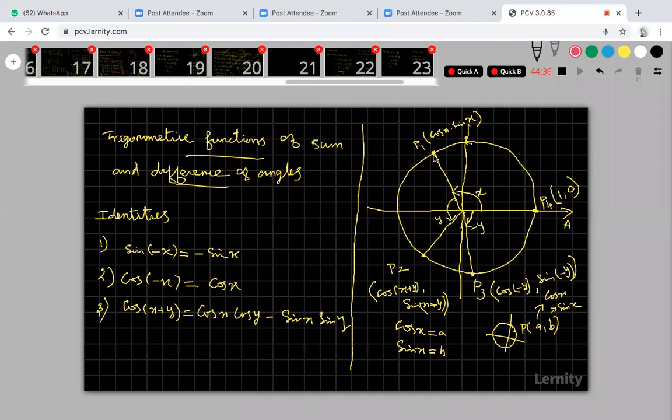Now consider P2 and P3. This is a triangle. Similarly, P2, P4 is also a triangle. Please try to understand this.